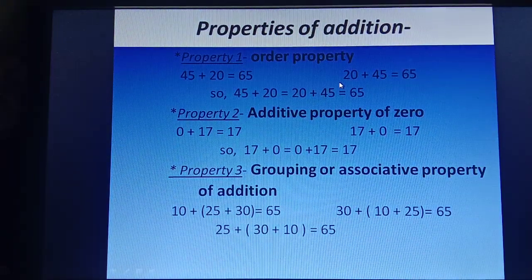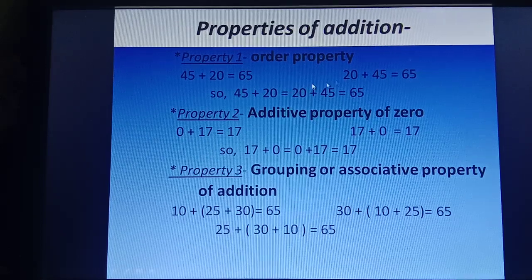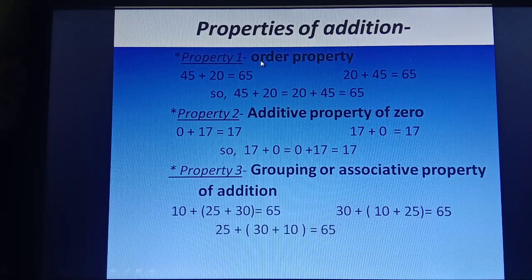Next is the property. We have discussed the property of addition in the textbook. In your syllabus you have to read 3 properties of addition. First property is the order property. As you can see by the name, order means if you are changing the order of the numbers, there will be no effect on the answer.